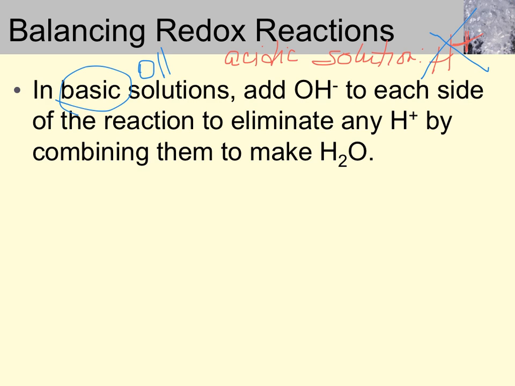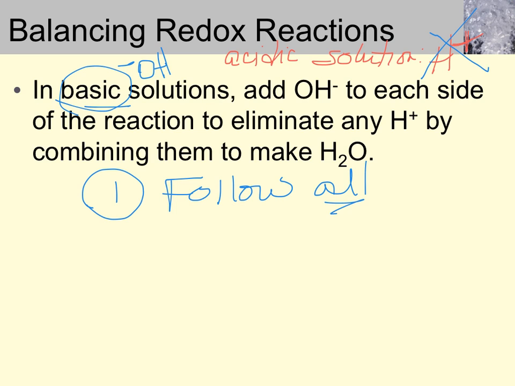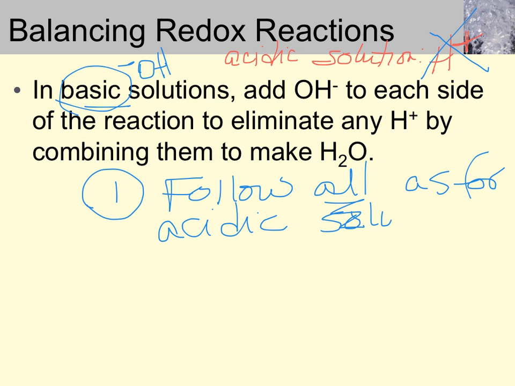Instead there's hydroxide. So we have to add one final step on to balancing a redox reaction when it is in basic solution. The first thing that I want to mention is you follow all of the steps, all of them, as for an acidic solution, including using the H plus to balance hydrogen atoms.